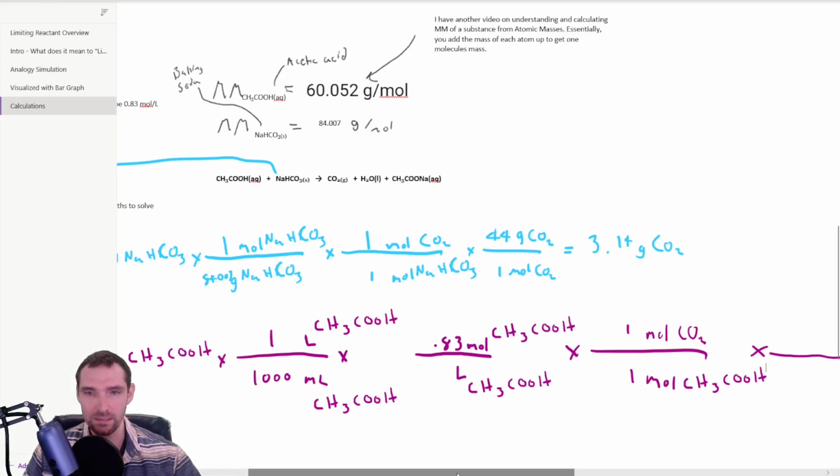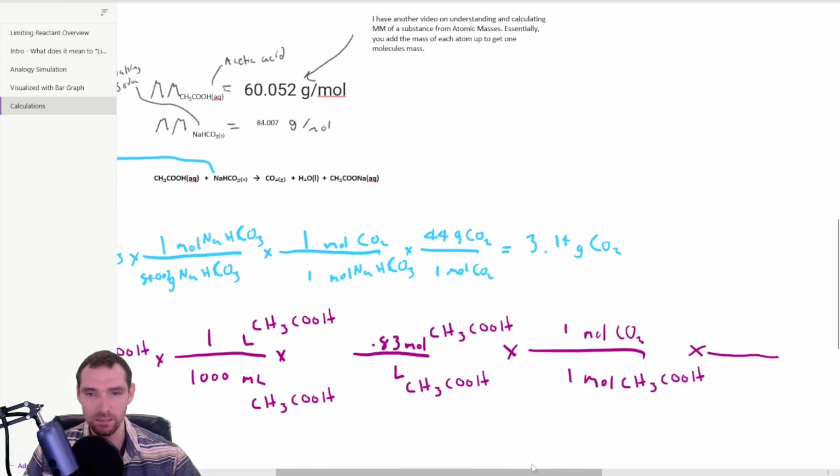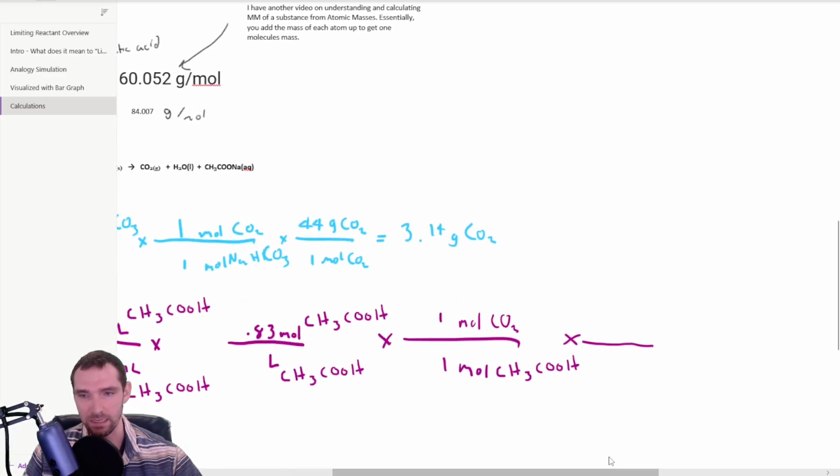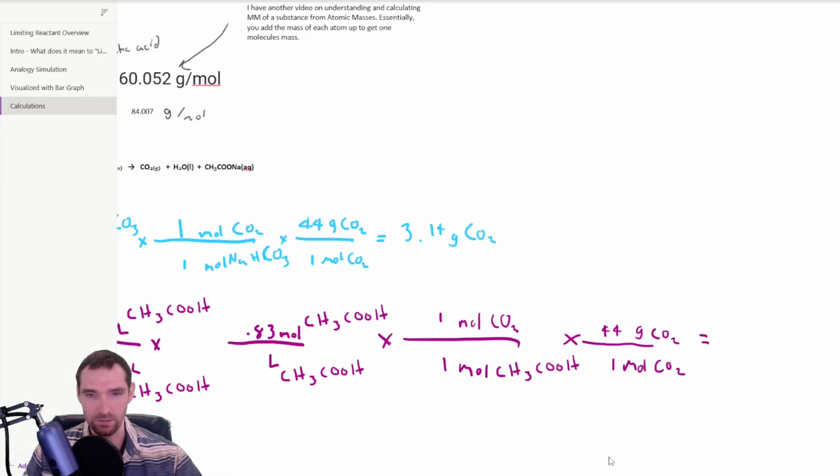And then it's the same molar mass for carbon dioxide that we used before, because we have moles of CO2. So in 1 mole of CO2, that's the 44 grams. And we should get our final answer in grams.